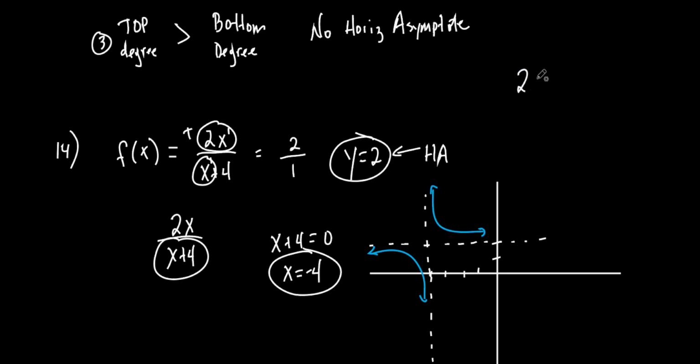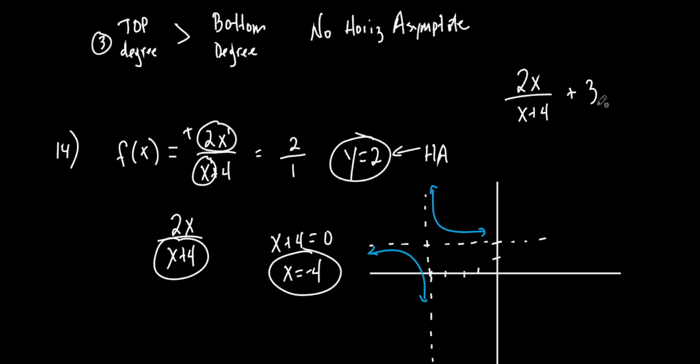What if you had some, I'm just making this up. What if I had 2x over x plus 4, and then I had like plus 3? What does this plus 3 going to do to our graph? It's going to raise it up 3 places, isn't it? You follow me on that? Okay, so on this one, when you do the division, you get a 2, don't you?